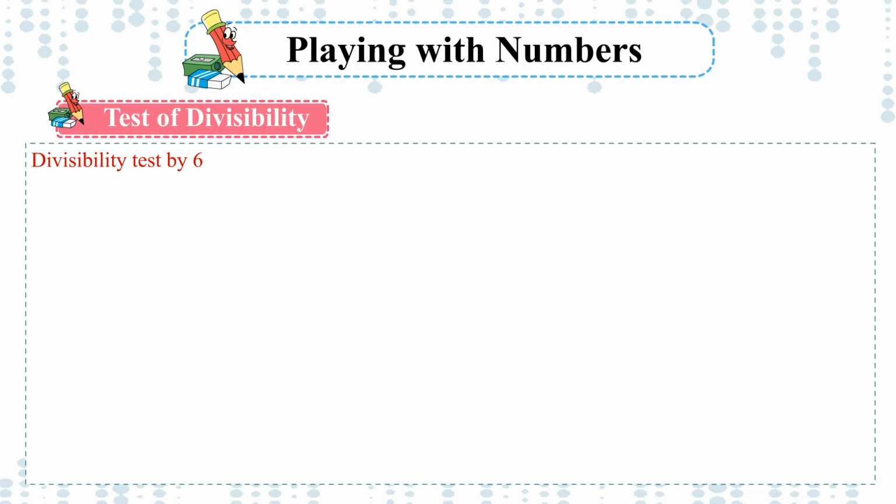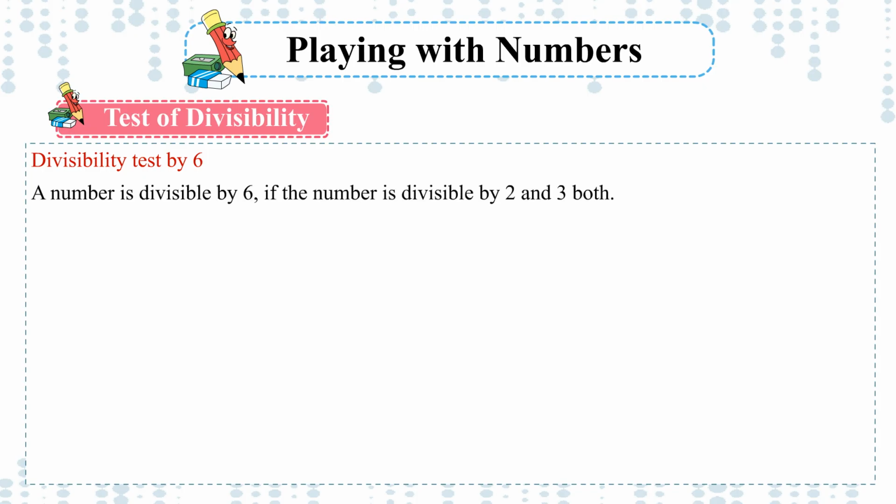Divisibility test by 6. A number is divisible by 6 if the number is divisible by 2 and 3 both. Examples.